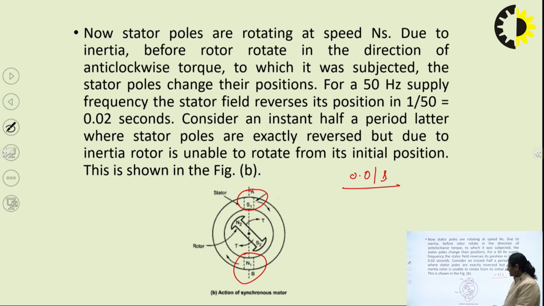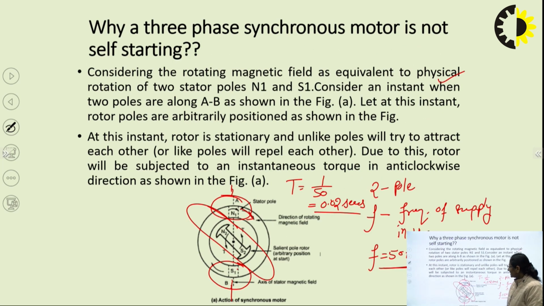From the previous torque development, in the previous case, we saw that the rotor is subjected to a torque in anti-clockwise direction. But actually what happens is, as the magnetic field produced by the stator is rotating, the rotor could not respond to the development of this instantaneous torque. Before the rotor could respond, the position of the stator poles got changed, right?